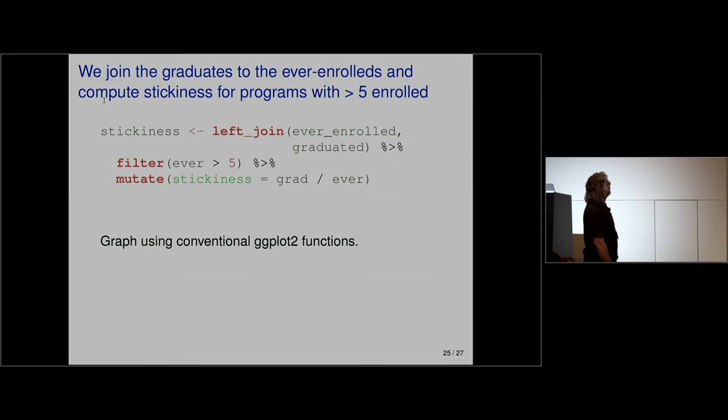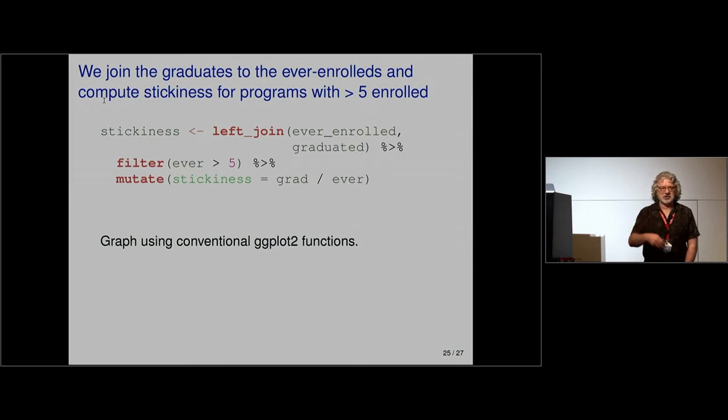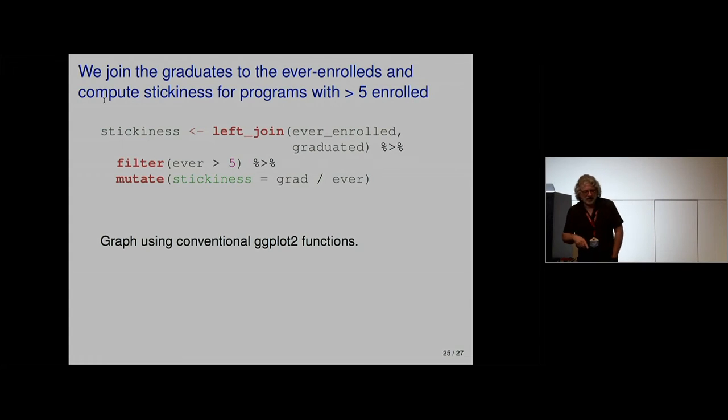And once we have those, well, now we just join them again in the usual way. We join the graduated to the ever enrolled. We compute stickiness, which is the ratio of how many graduates to how many were ever enrolled. And one little wrinkle, we remove any populations for whom the population is 5 or less.